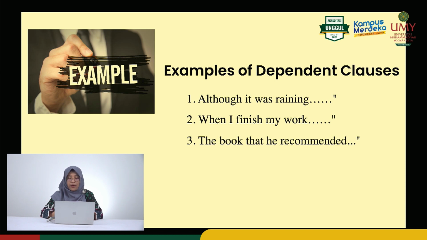If we see, that he recommended also consists of a connector, a subject, and also a verb. So remember, those are the examples of dependent clauses. And because they can never be a complete thought, to make it a correct sentence, we have to attach it to an independent clause.